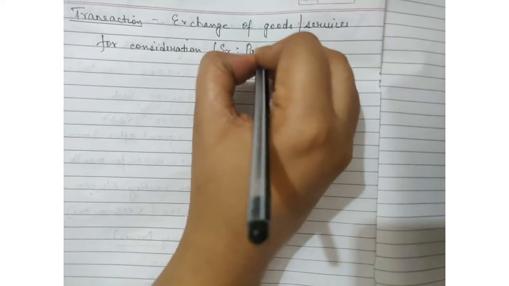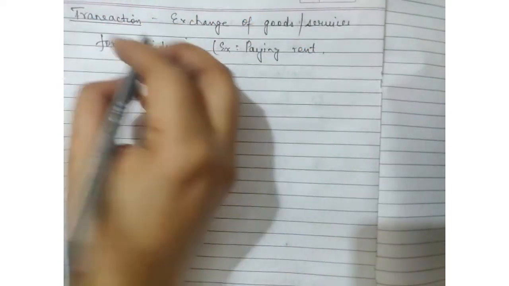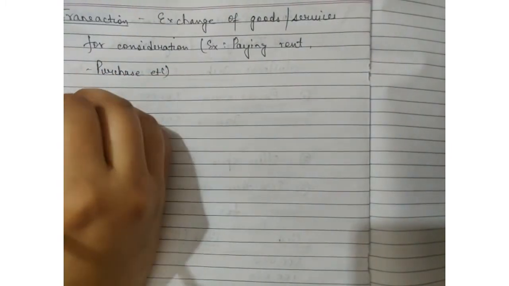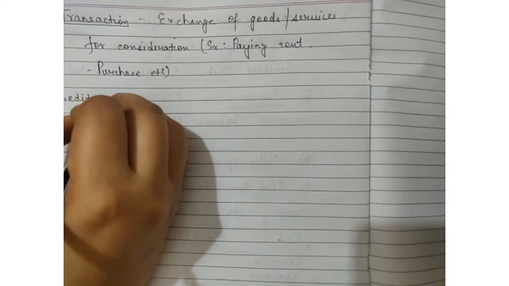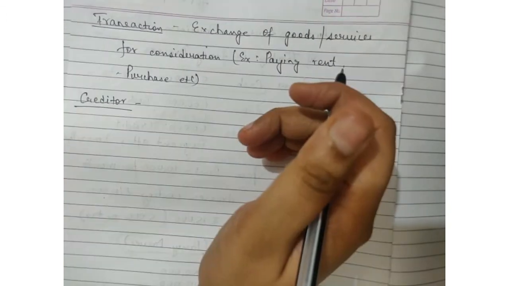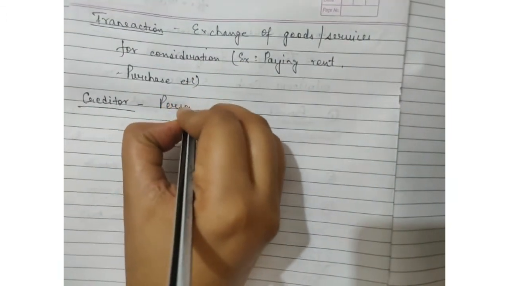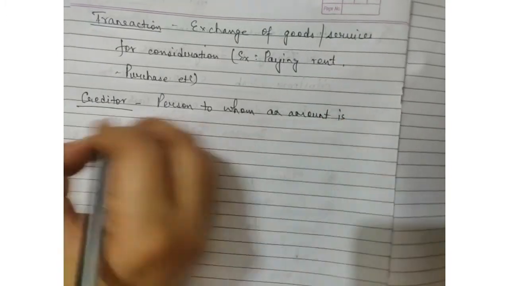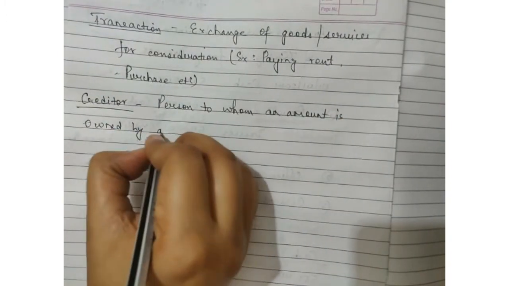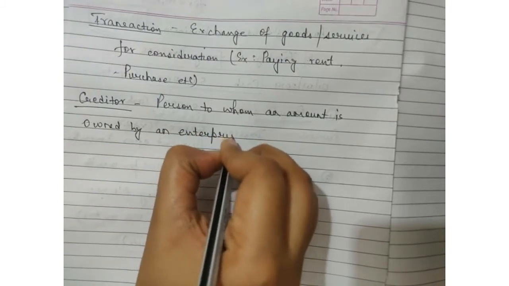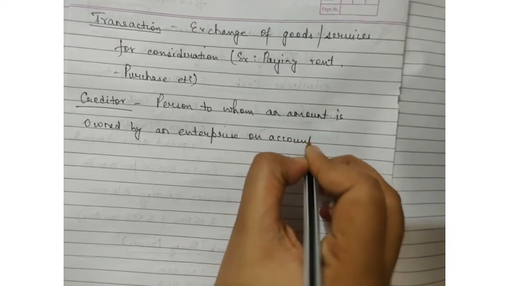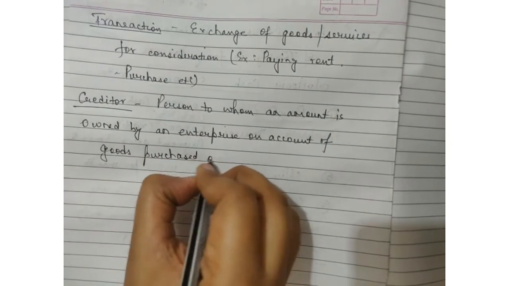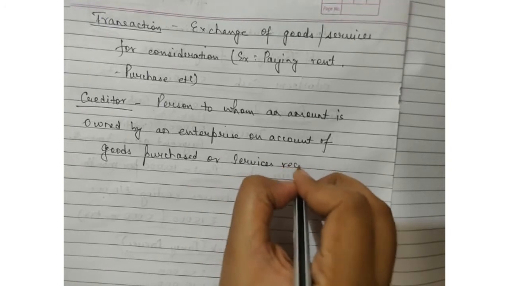Example, paying rent, purchase, etc. A creditor is a person to whom an amount is owed by an enterprise on account of goods purchased or services received.